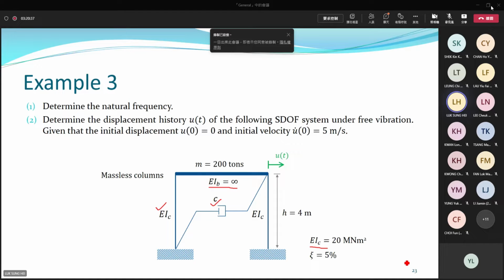What we're going to do, find our natural frequency. Natural frequency means omega n. Question 2. Try to determine the displacement response, the displacement history, for this system. Given that the initial displacement is 0, initial velocity, u dot, is 5 meters per second.